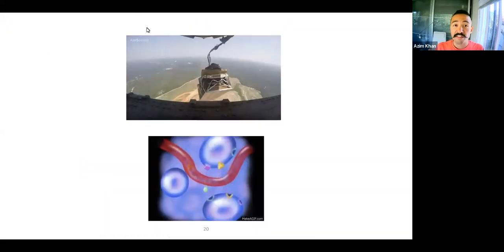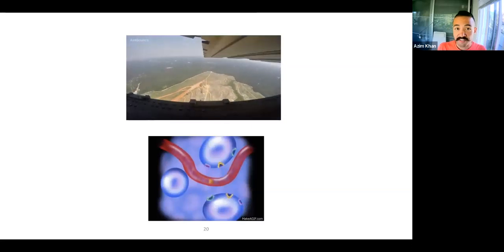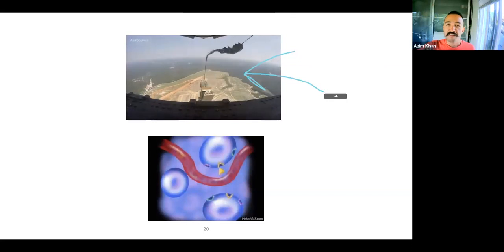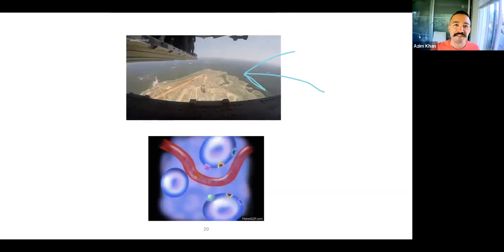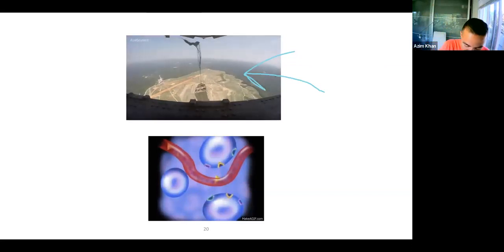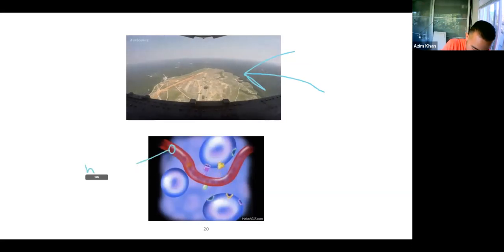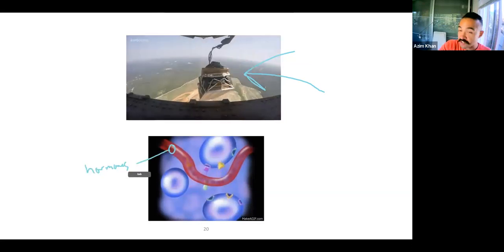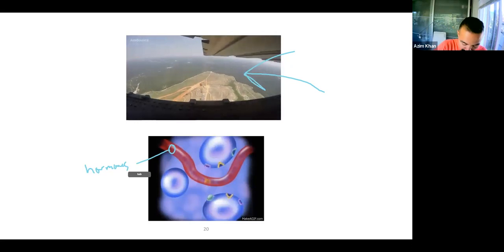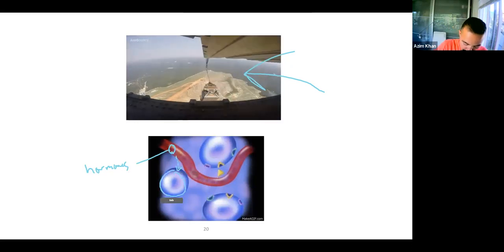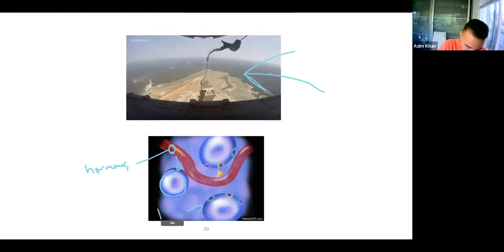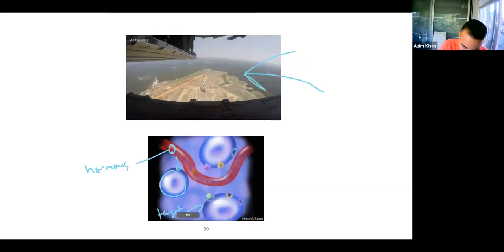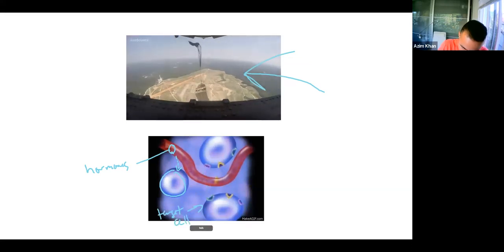So hopefully you can see how the endocrine system is a lot like airdropping. When you airdrop, you just release stuff to a general spot and hope it gets to the right spot. With the endocrine system, you have hormones that travel through the bloodstream and eventually get airdropped to specific target cells. And these target cells have receptors.